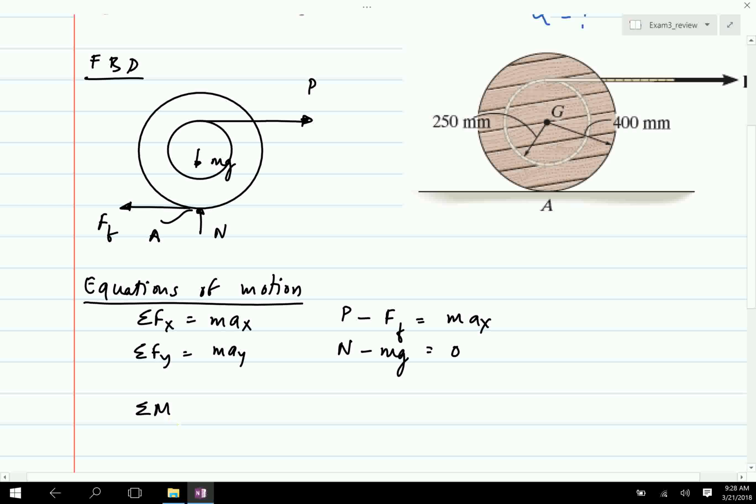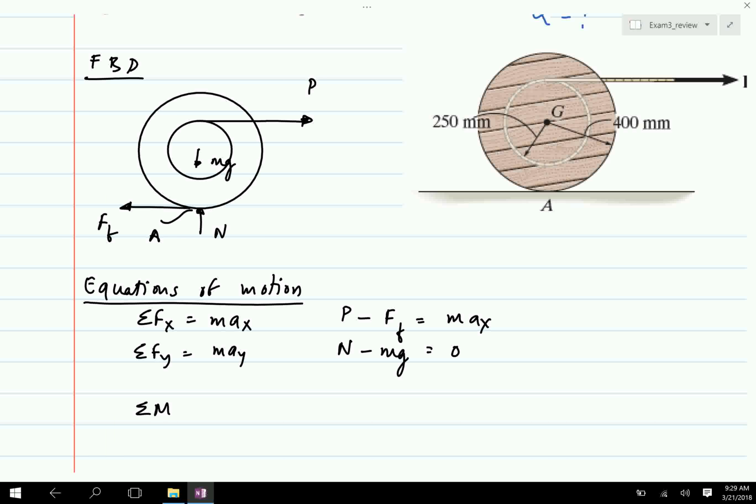And then the moment equation. We have a choice here. We could take moments about any point you like. I would say you want to choose a point where the maximum number of forces act, so that it's super easy to write the equation. If you write the moment equation about G, then the contribution due to N and mg is going to be 0 because those two forces pass through G at the center.